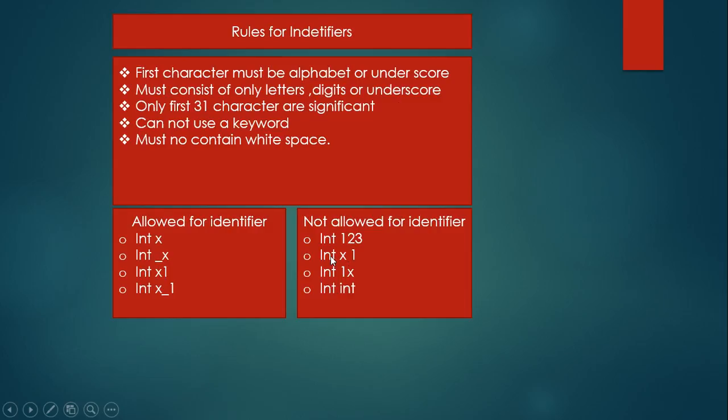Next is int x 1 with white space. White space is not allowed in an identifier declaration, so it is not valid. And int 1x starts with a digit, so it is not valid for an identifier. And next is int int. int is a keyword, so a keyword is not allowed for declaring identifiers.